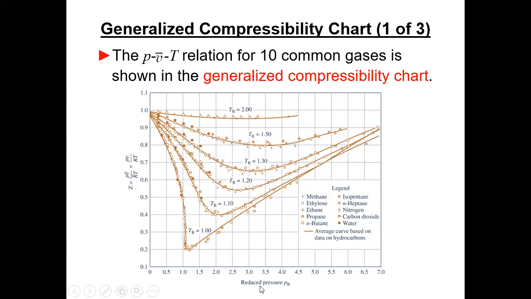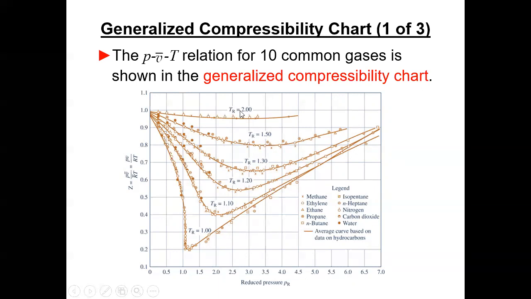So, well, if that's reduced pressure, what do you think reduced temperature is? Well, guess what? It's the temperature divided by the critical temperature at the point that you're interested in evaluating the Z. Okay.